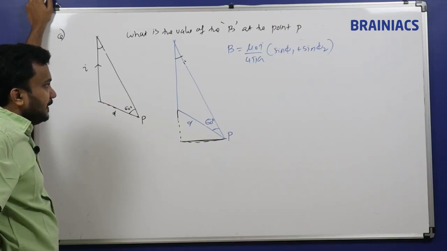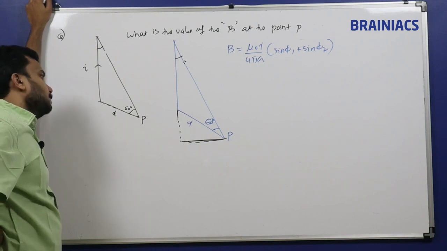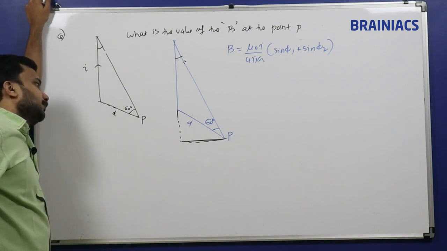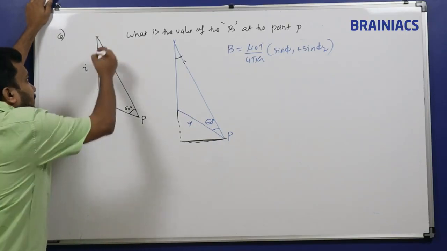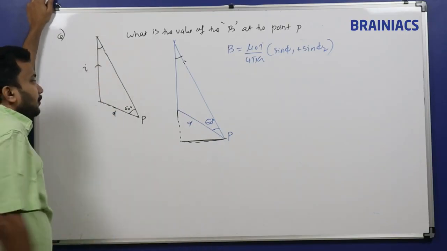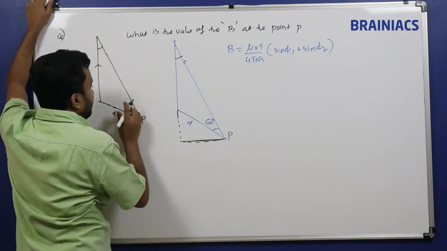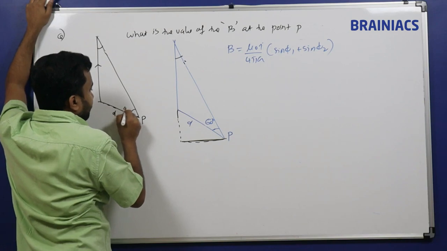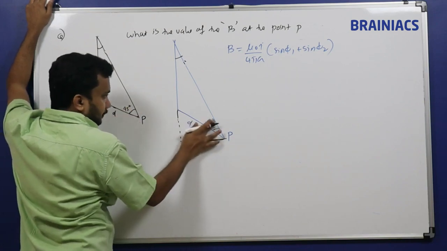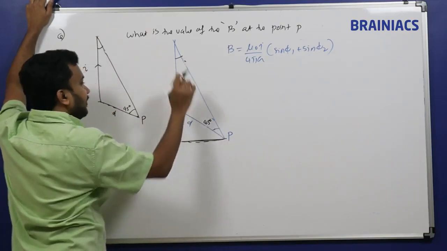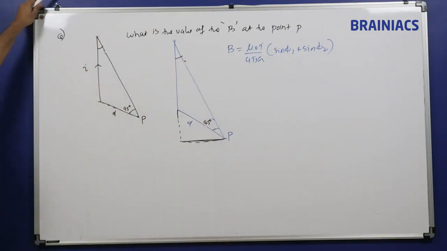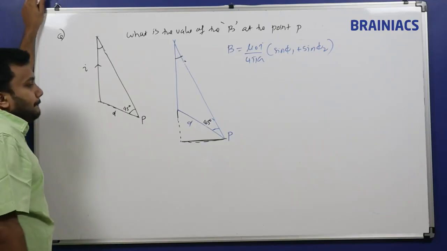And 60, 30, if it is 30, no, it should not be 90, right? Okay, so let me take this angle as 45 degrees to make life easier. We'll make the angle 45 degrees.